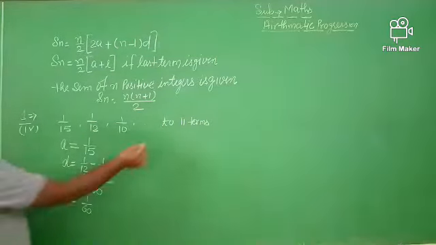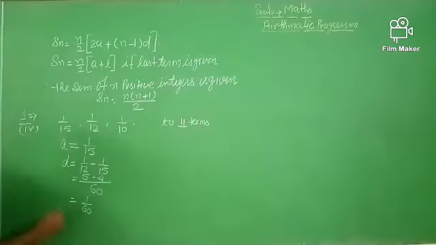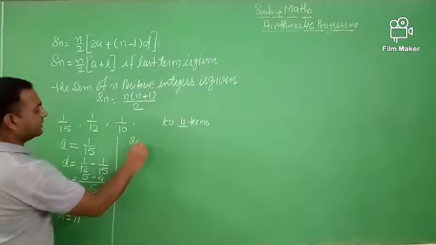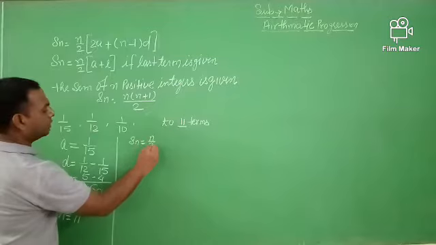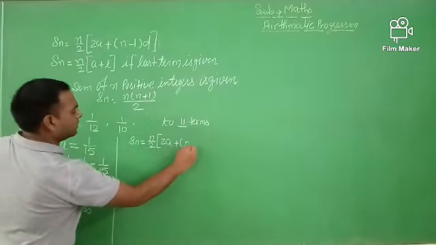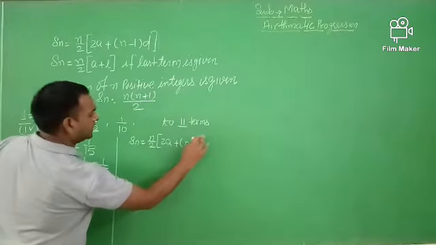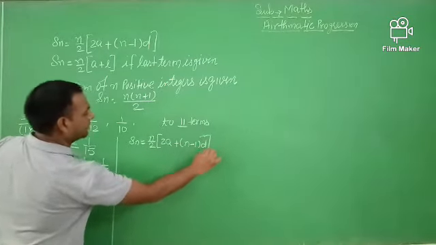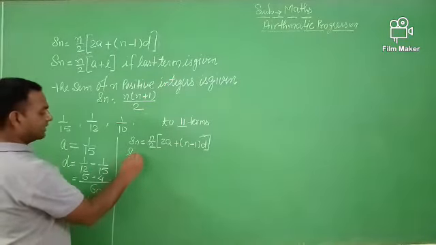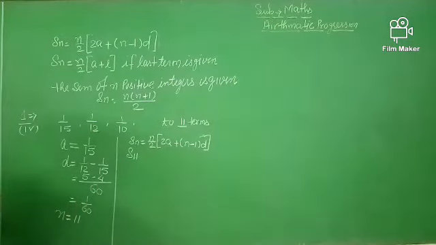And the number of terms is also given. Here n is equal to 11 terms. So you apply the formula that Sn is equal to n by 2 [2a plus (n minus 1) into d]. Therefore, Sn, it means the sum of the 11 terms, so n is equal to 11.